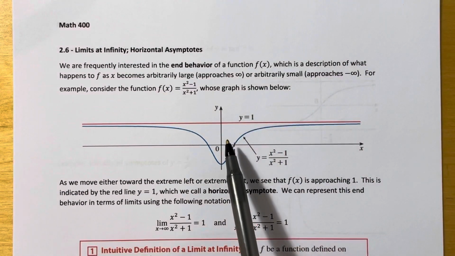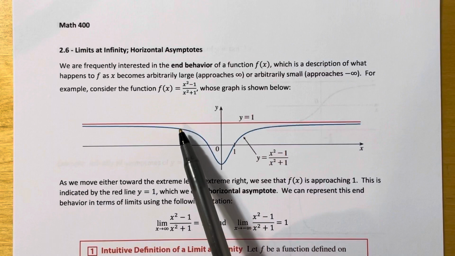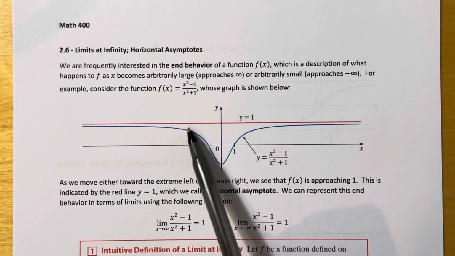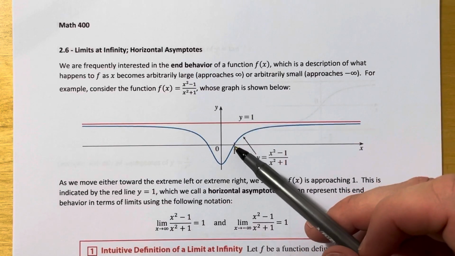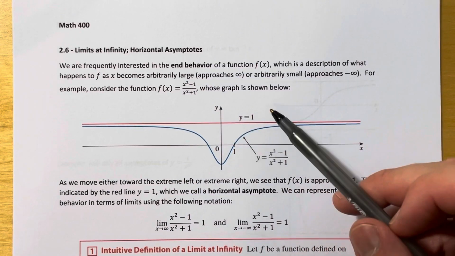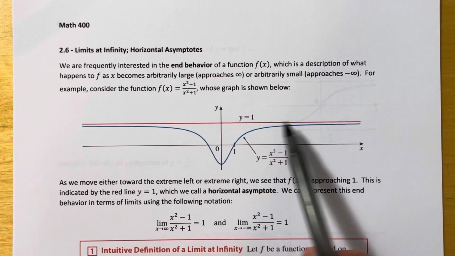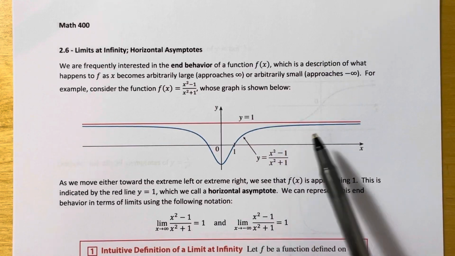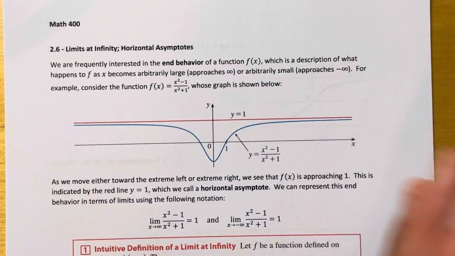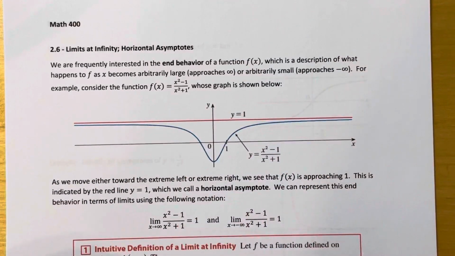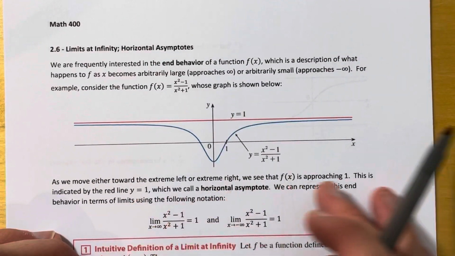Now, in other cases of graphs with horizontal asymptotes, it may actually happen that the curve crosses that asymptote. It may do it multiple times. The purpose of a horizontal asymptote is not to tell us what's happening with a function locally, which means at any specific little interval that we want to look at. It's telling us what's happening long term.